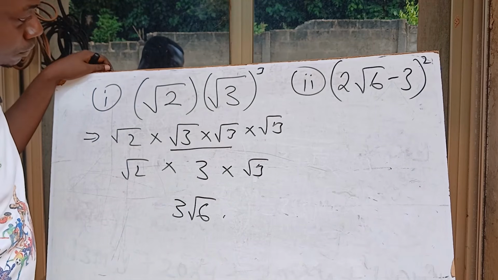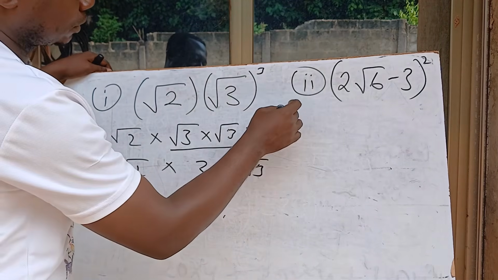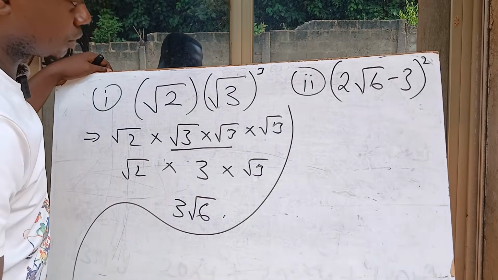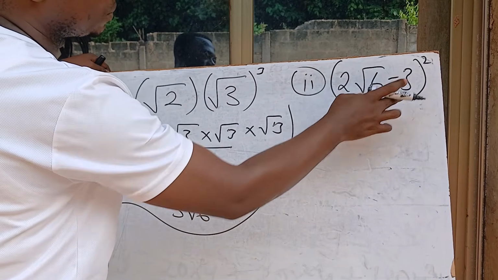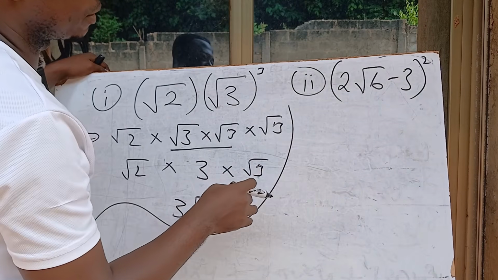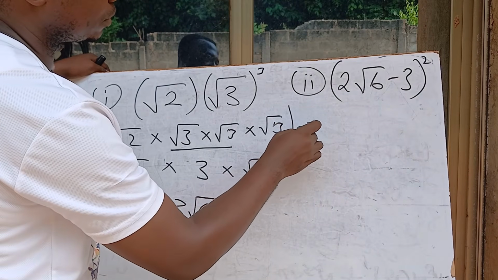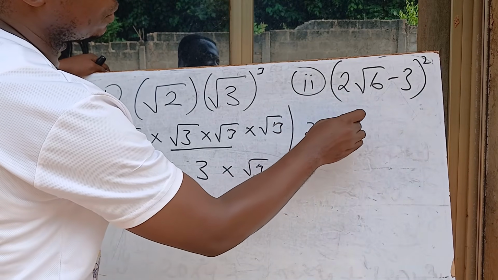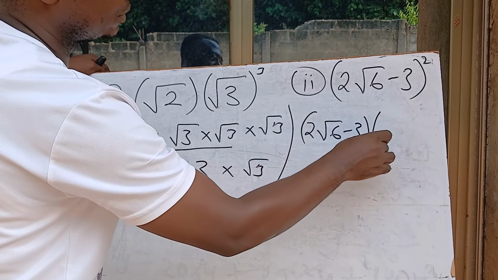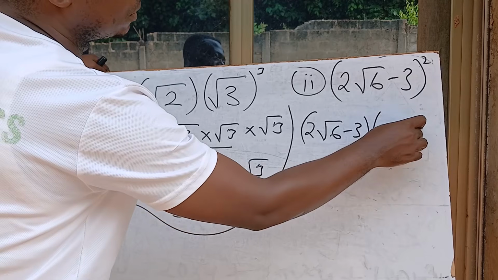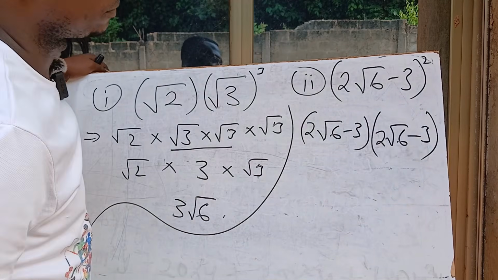Okay, and this one, okay, we are squaring this one. 2 with 6 minus 3, so the same as 2 with 6 minus 3 times 2 with 6 minus 3.